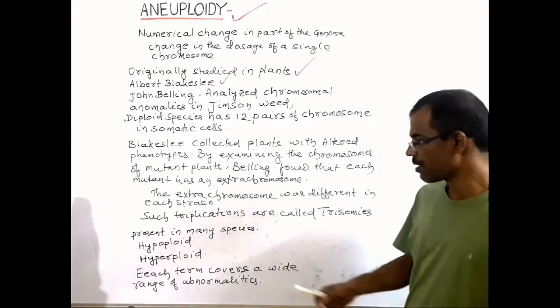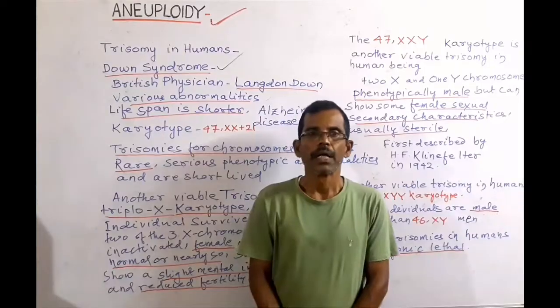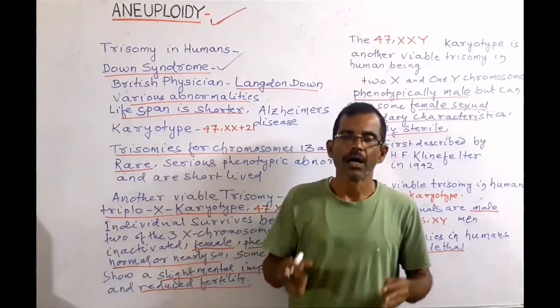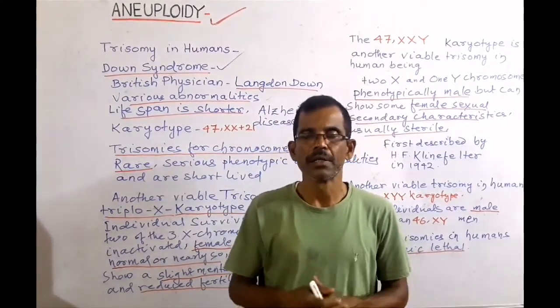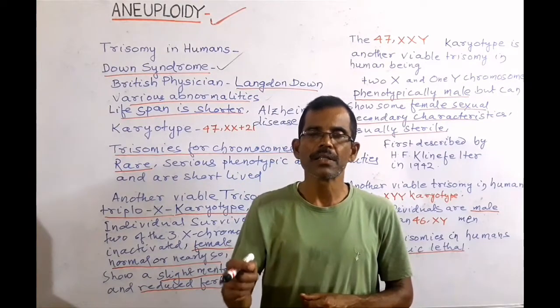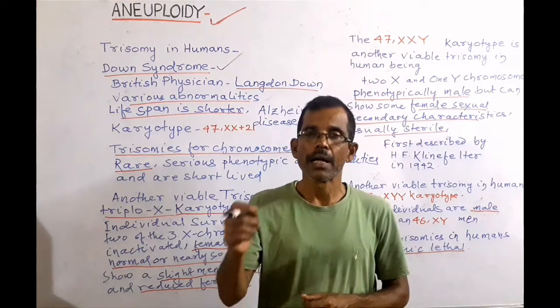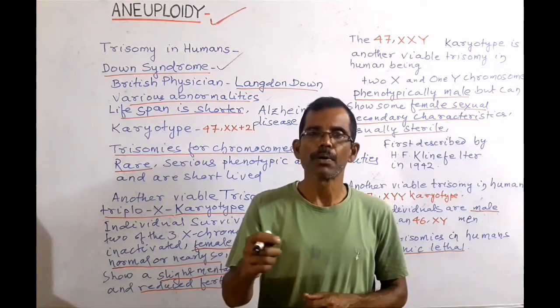Each term covers a wide range of abnormalities. In aneuploidy, a specific chromosome is either underrepresented or overrepresented. If underrepresented, the individual is known as hypoploid, and if overrepresented, the individual is a hyperploid.